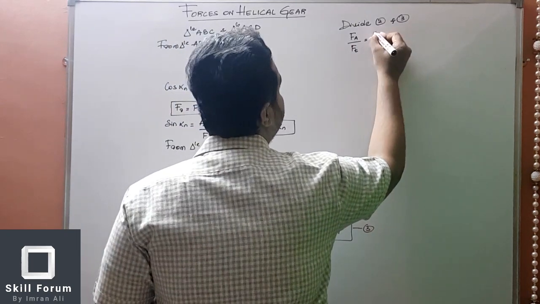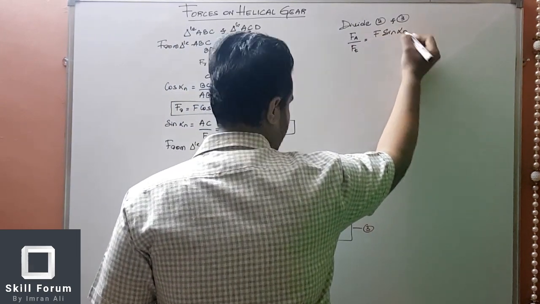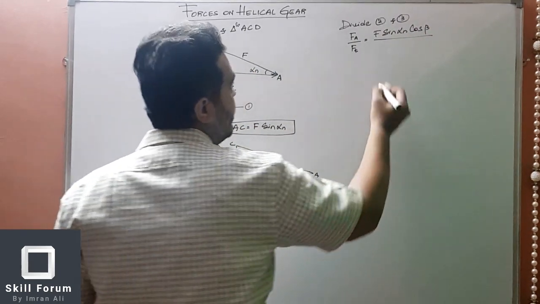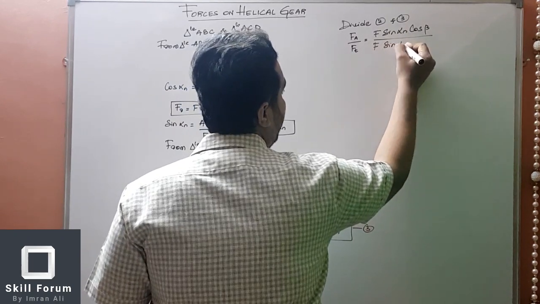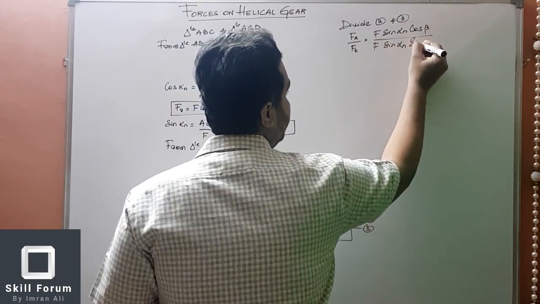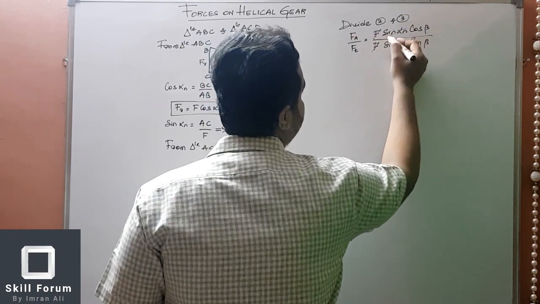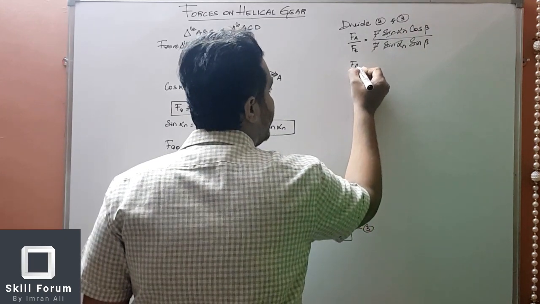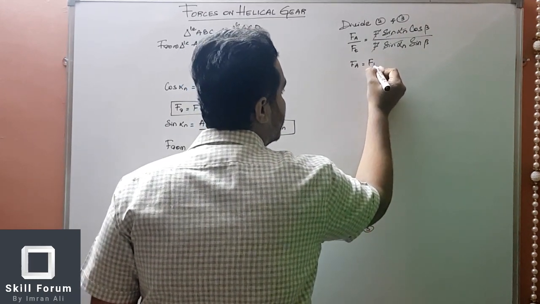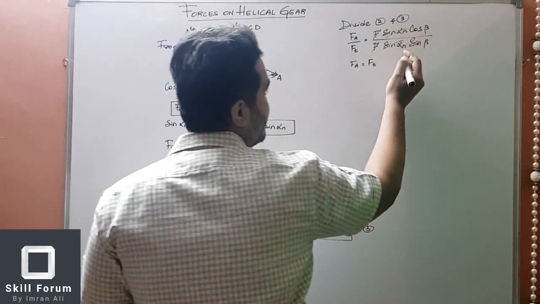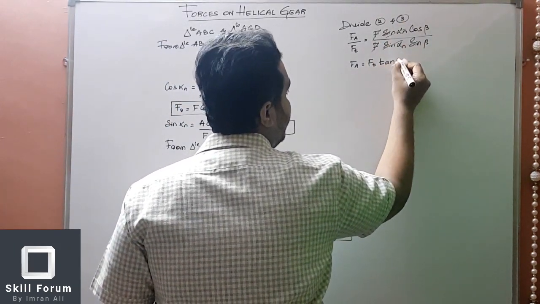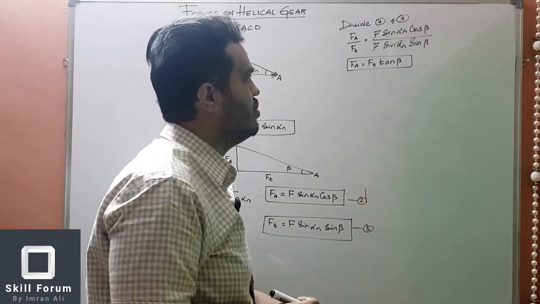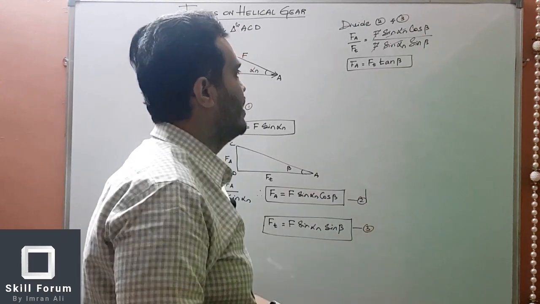F sin alpha n and cos beta divided by F sin alpha n and sin beta. So this F gets cancelled and sin alpha n gets cancelled. So what is cos by sin? That is tan beta. So this is an equation for axial force with respect to helix angle, right.